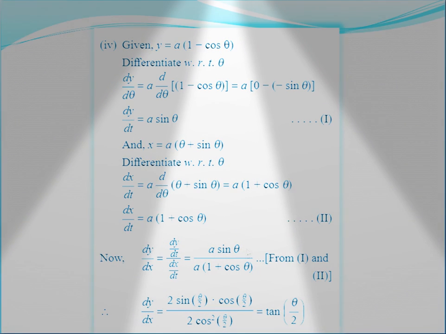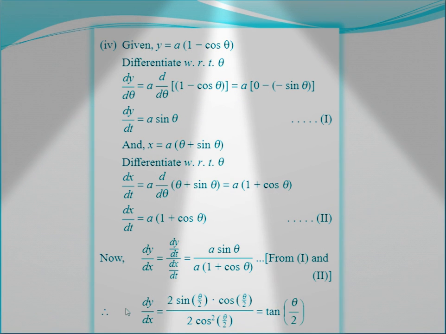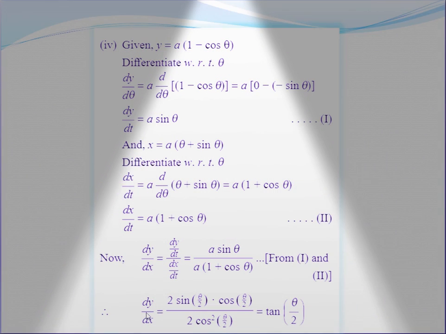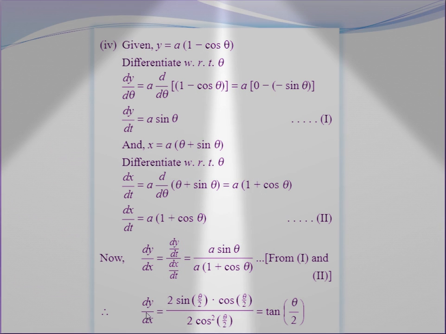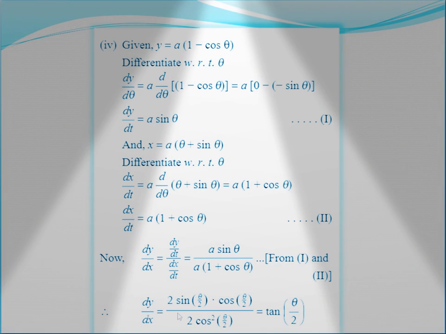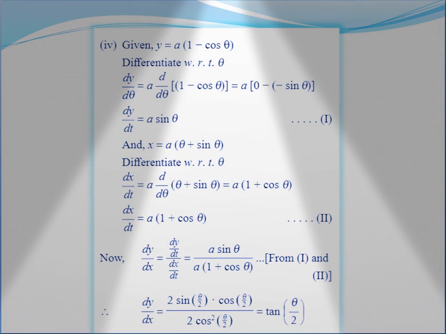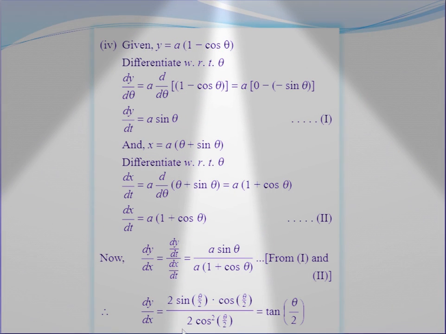Now using the formulas for trigonometric functions, sin theta equals 2 into sin of theta by 2 into cos of theta by 2, and 1 plus cos theta equals 2 cos square theta by 2.